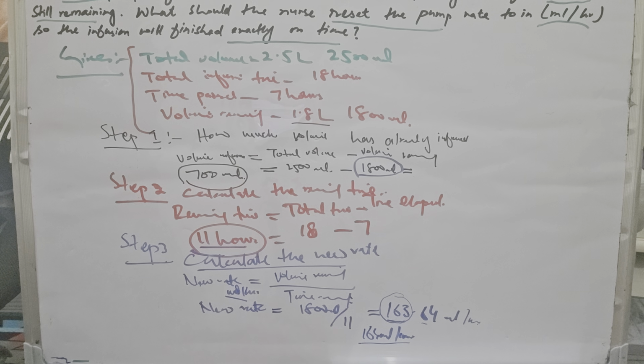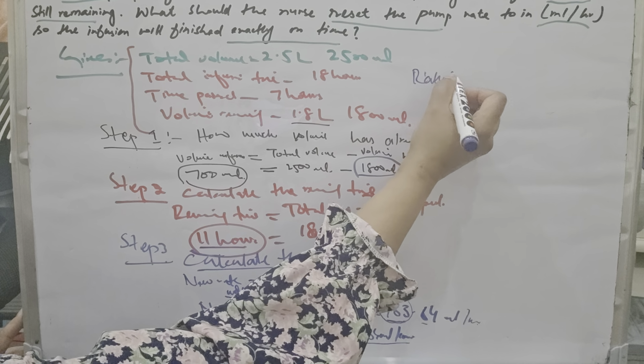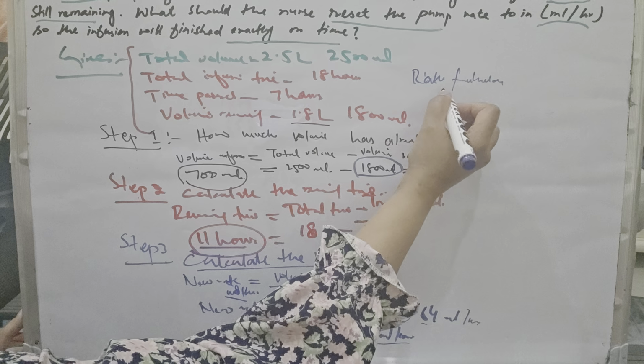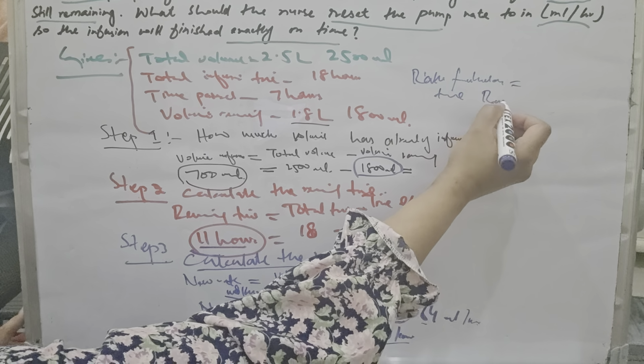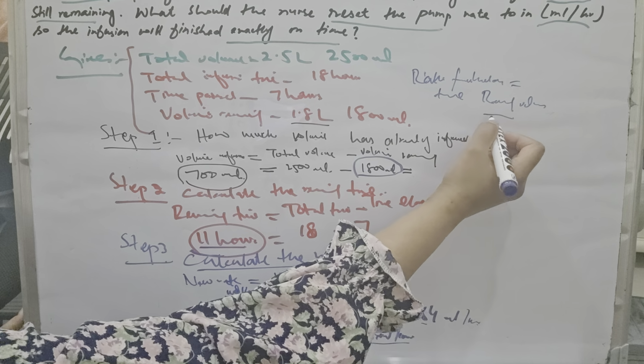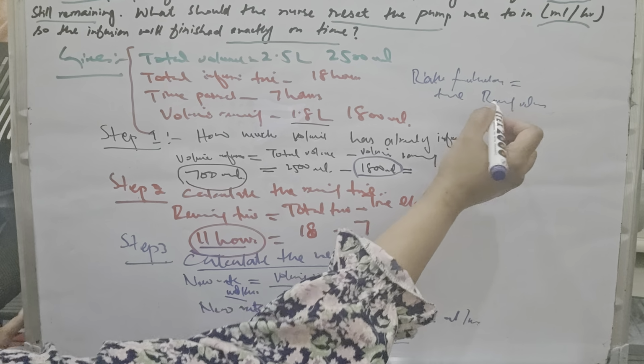The quick formula for the rate to finish on time equals remaining volume divided by remaining time. So the rate to finish on time is our answer: 1800 ml divided by 11, and 164 ml per hour is the answer.